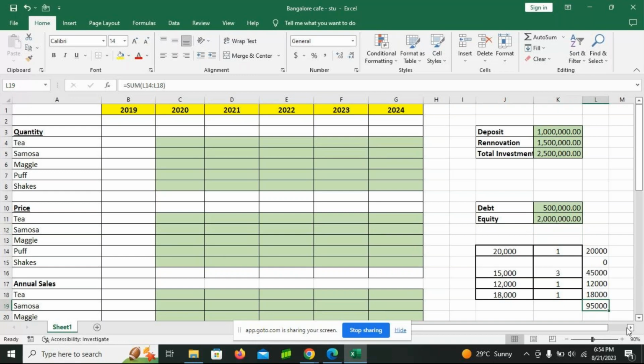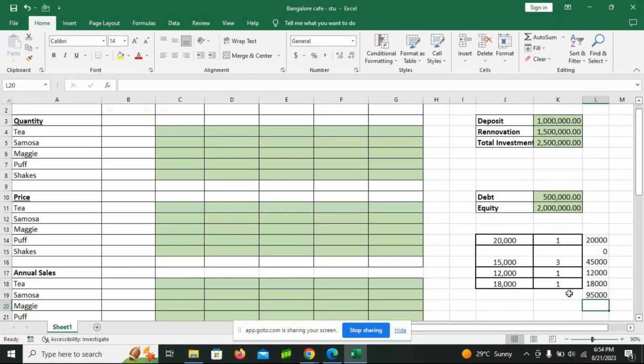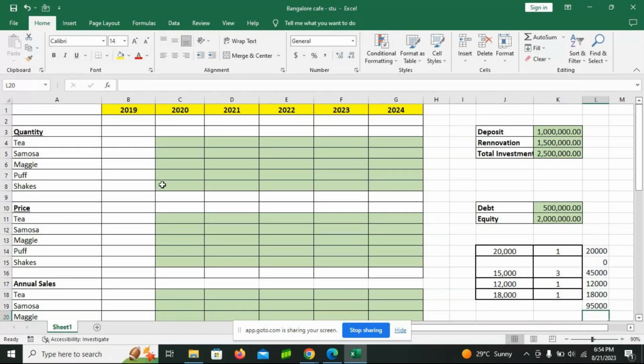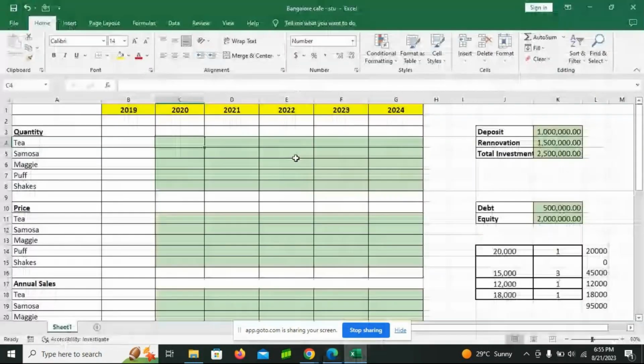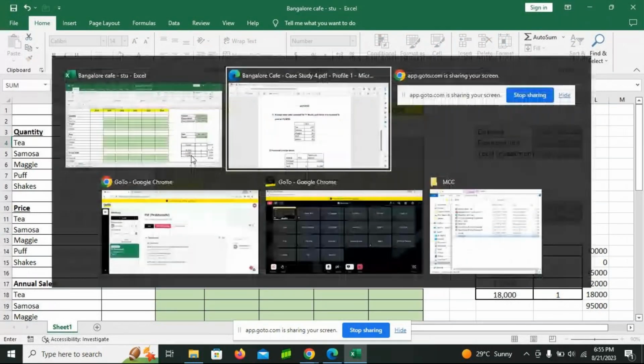Here I have made the totals, where I have used the sum function to calculate the overall salary that I'm going to pay. Now, let's calculate the quantity. Tea: how many am I planning to sell per day?